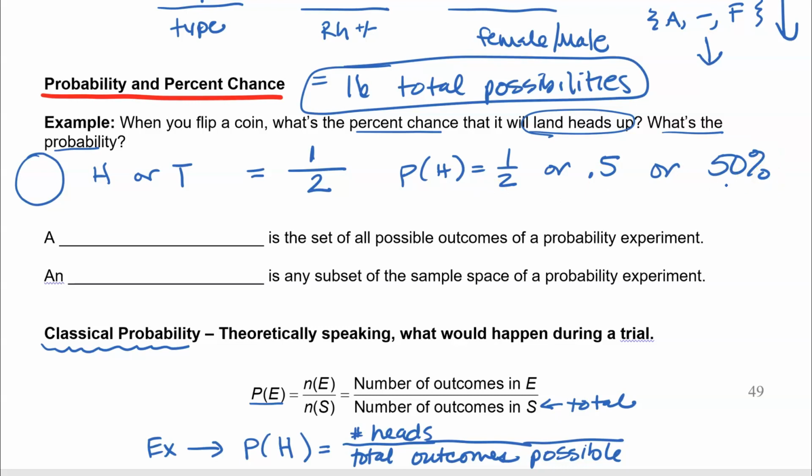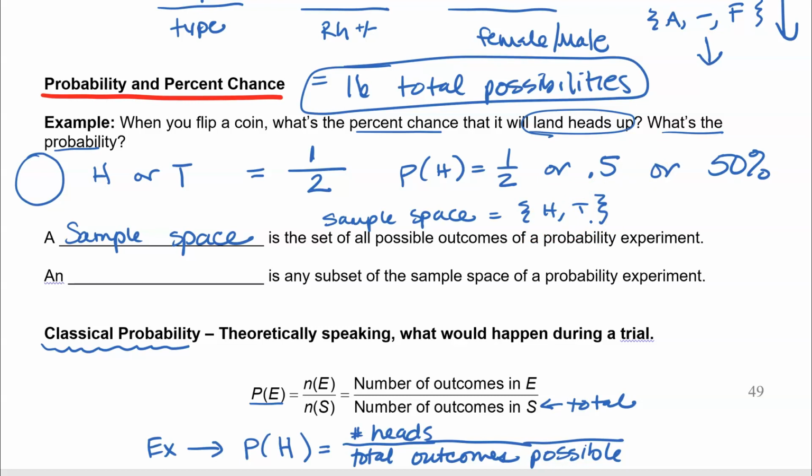So a sample space is the set of all possible outcomes, and that's really important. So we wrote a sample space up here when we said heads or tails. So the sample space for a coin here is heads, comma, tails. When you write the sample space, you use brackets and then you list out all the different possibilities.